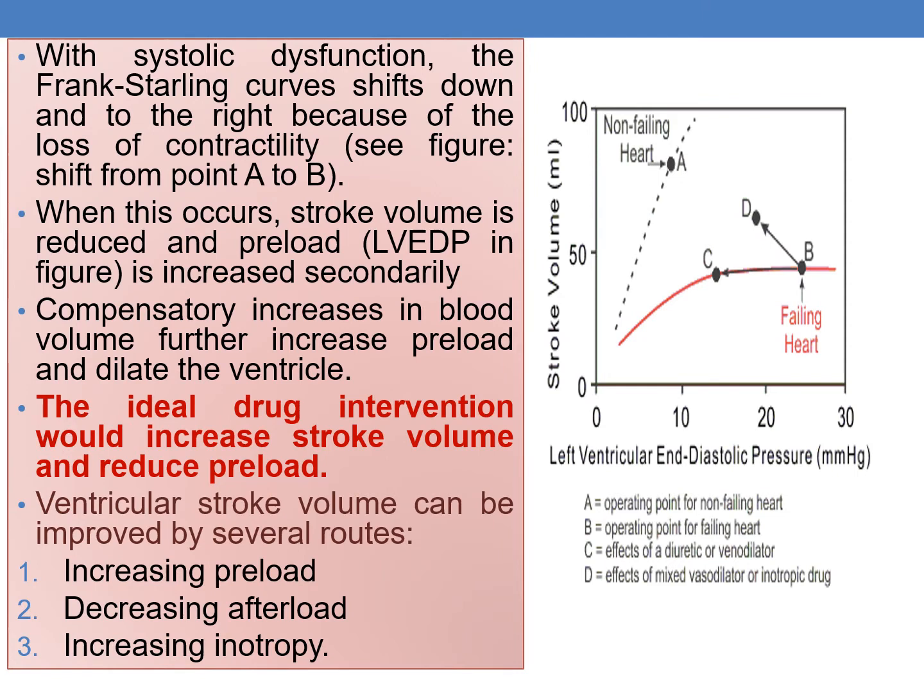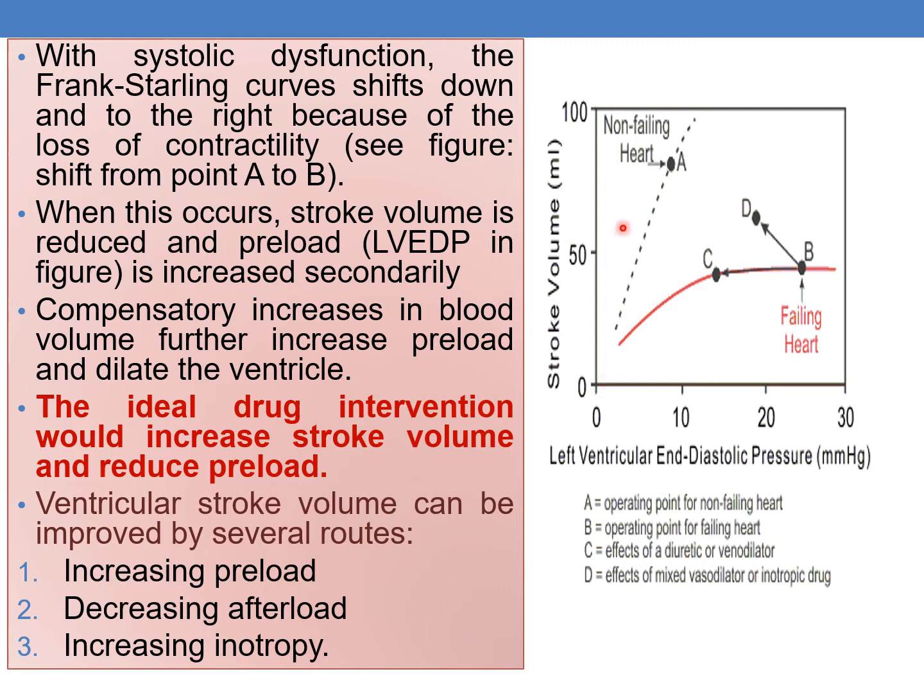Here you can see, with systolic dysfunction the Frank-Starling curve shifts down and to the right because of the loss of contractility. The curve shifts downwards from A to B, and when this occurs the stroke volume is reduced.